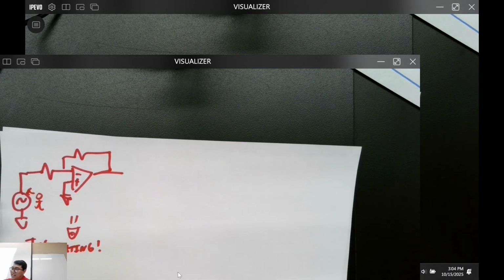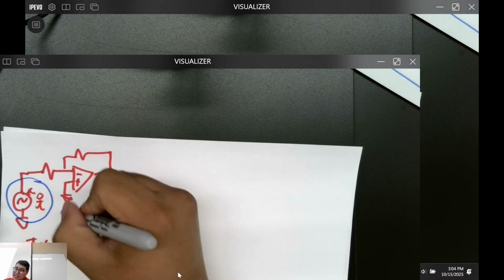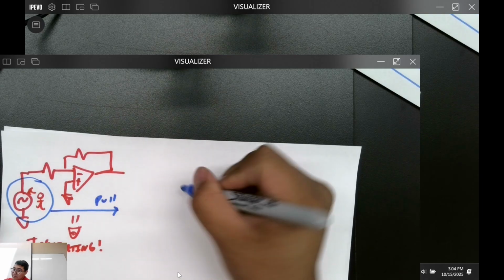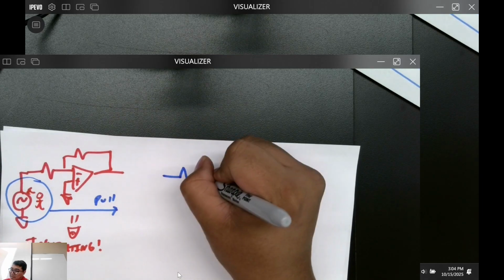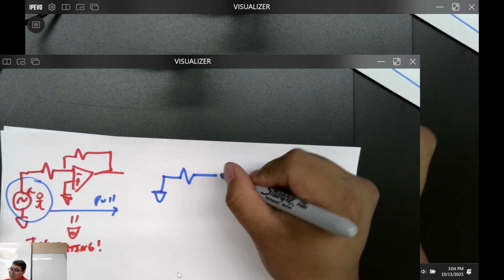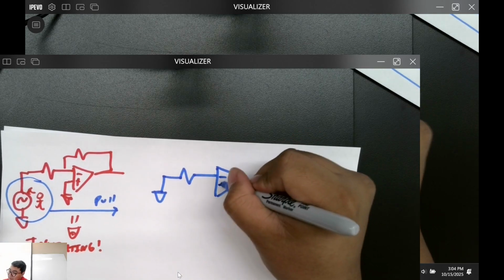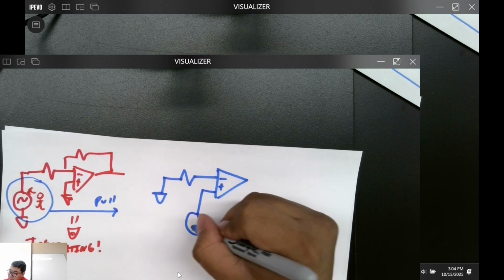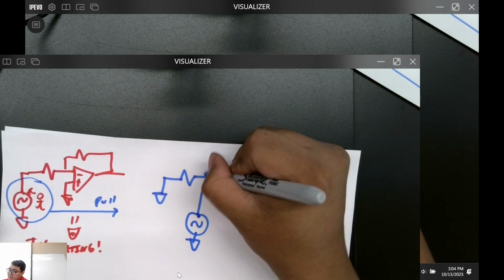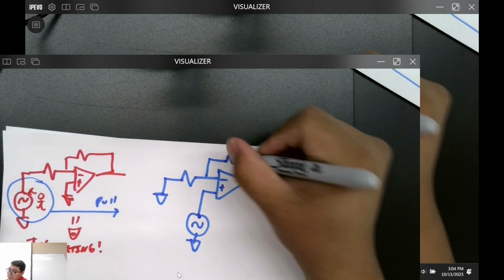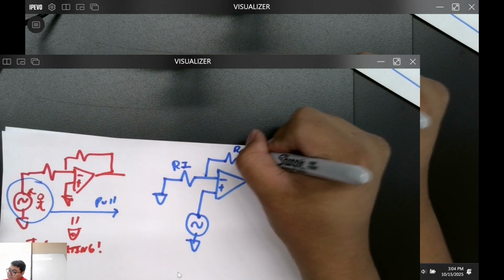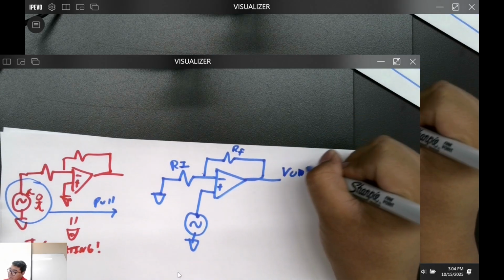Well, let's just say I forcefully replace this. I just pull this one out. And now we have our resistor right here. I just pulled that out. Minus, plus. And I put that guy right here. Ri, RF, V out.